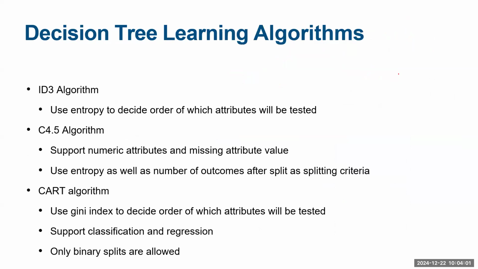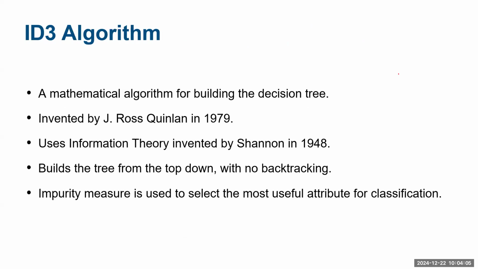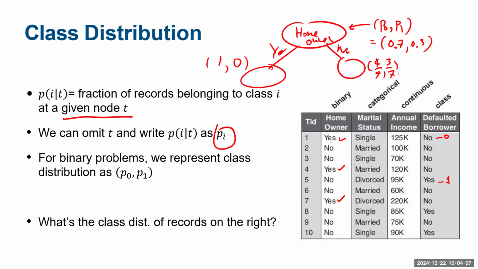So we're going to go to the ID3 algorithm. We have this class distribution, and the algorithm is going to use this value to compute the score.